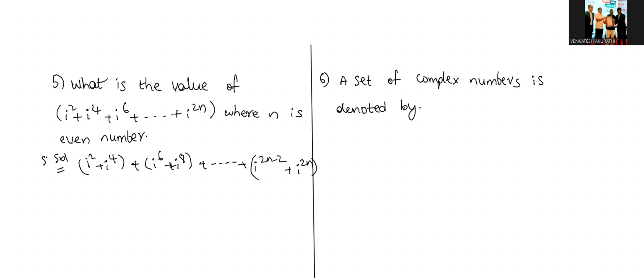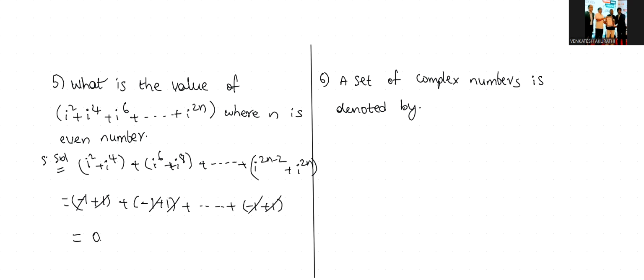That is equal to i square value minus 1, i power 4 value plus 1, and so on with even powers: i power 6 minus 1, plus 1, minus 1, plus 1. All are cancelled. The value is 0.